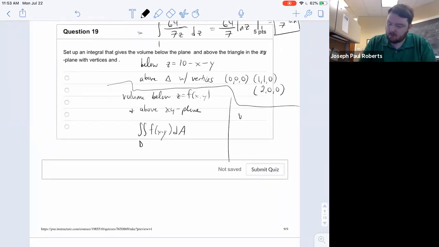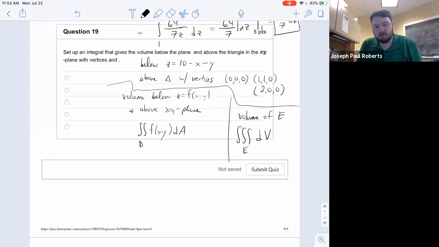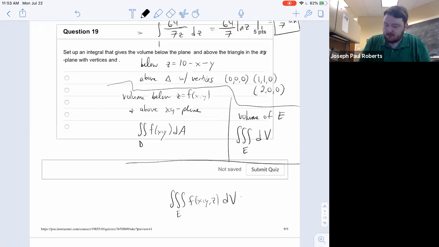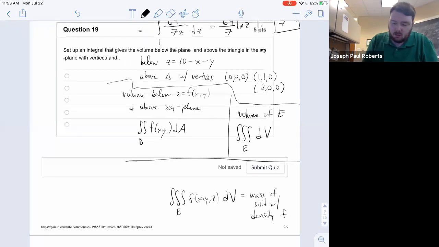Or you could do the volume of a solid E, which is just the triple integral of the boring constant integrand 1 times dv. And so if I have the triple integral of an interesting function, this is the mass of a solid with density f.